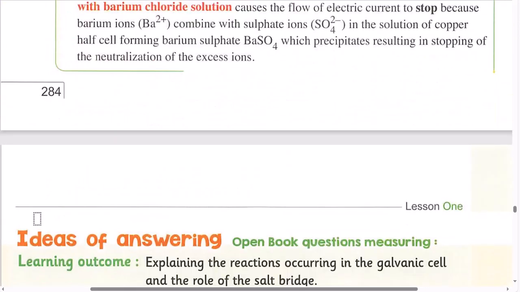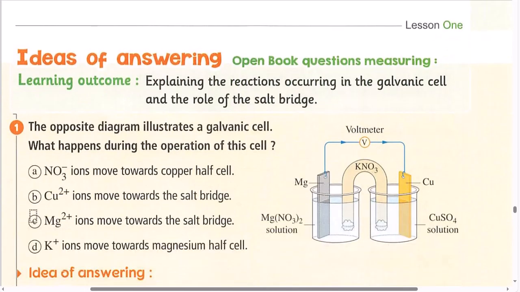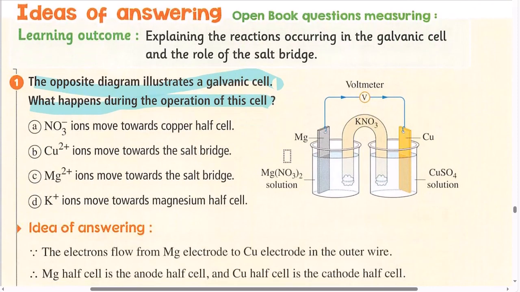So we'll take some questions about this. The opposite diagram illustrates the galvanic cell. So what happens during the operation of this cell? We speak generally. Magnesium is more active than copper. Magnesium loses electrons.